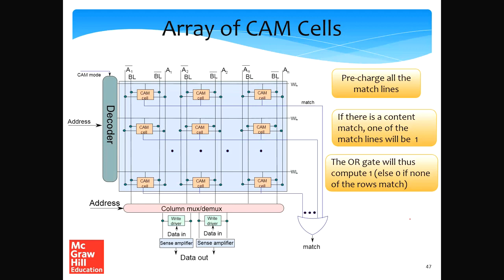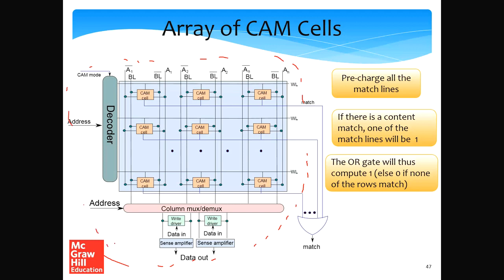So given this, we can design a very simple circuit. We can design an array of CAM cells, which looks very, very similar to an SRAM array, absolutely no difference. So let's consider a regular SRAM array. So essentially all of this part that you see is a regular SRAM array.